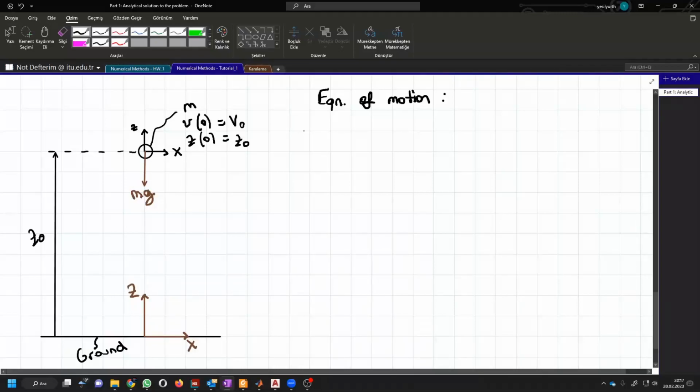So I'm writing down the equation of motion at the z-axis. Sigma fz will be equal to m times z double dot, which will also be equal to minus mg. Here we have minus because the gravitational force is opposite to the direction of the z-axis of the inertial frame of the body.